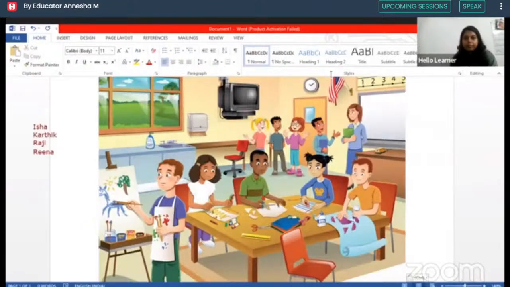We can see a television, some kind of digital board, and very good chairs, tables, and they are also using some kind of art crafts. We can also say that students have very good discipline, because if we observe the person who is painting, he is wearing an apron.